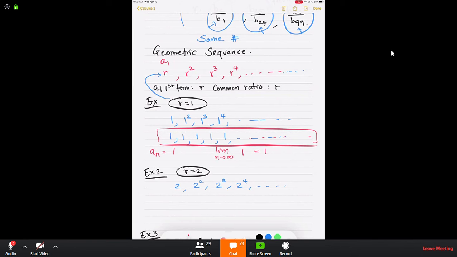So if you want a visual of this, I want everybody to stop writing and just look at this. This is how I like to treat sequences. When I'm saying this is one, I want you to visualize this. Christmas is far away, but it's coming. You are going to put up lights. This is y equals 1.